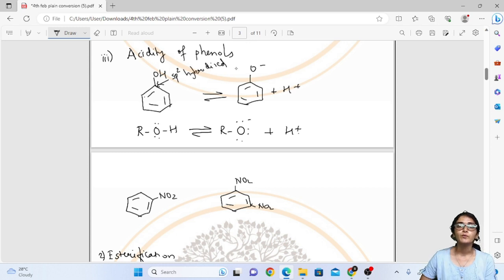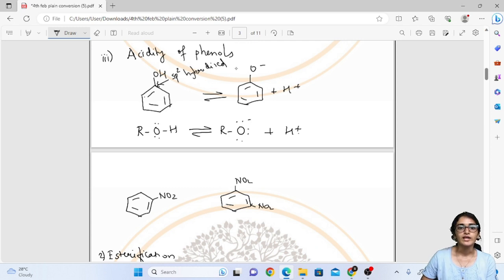So when we have an sp2 hybridized carbon, the polarity between that carbon and oxygen will be more. Since the polarity is more between them, the acidic character will increase. Here, because of sp2 character, the polarity of the phenol group will increase.